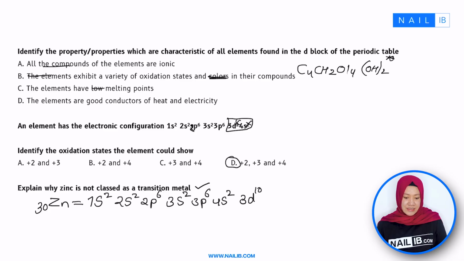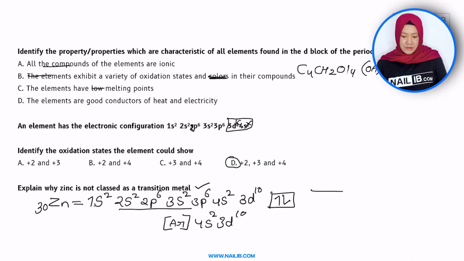Okay, so this 18, all right, Ar, 4s2, 3d10.